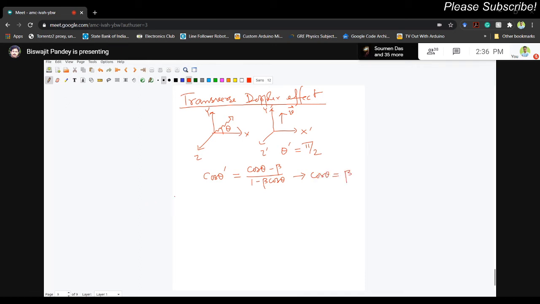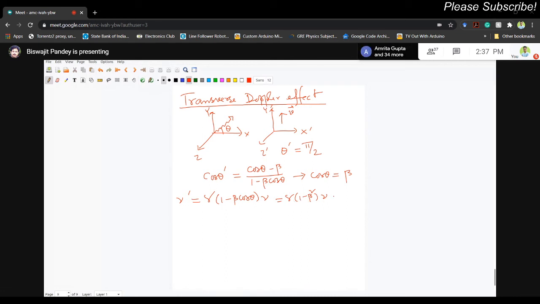Now, what was the relationship between the frequency nu prime and nu? Nu prime was gamma into (1 minus beta cos theta) into nu. Now, since beta equals cos theta, I can plug in cos theta equal to beta here. So that will become 1 minus beta square. So this will be gamma into (1 minus beta square) times the frequency, right? Now, gamma is equal to 1 over square root of 1 minus beta square.